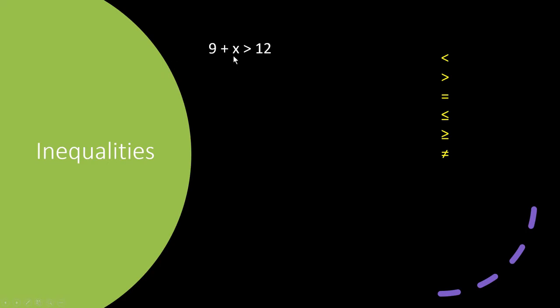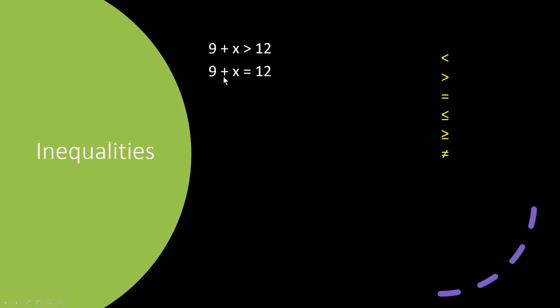What I like to do first, whenever I have an inequality, is rewrite this problem, but this time substitute the inequality symbol by an equal sign, so it looks just like an equation.